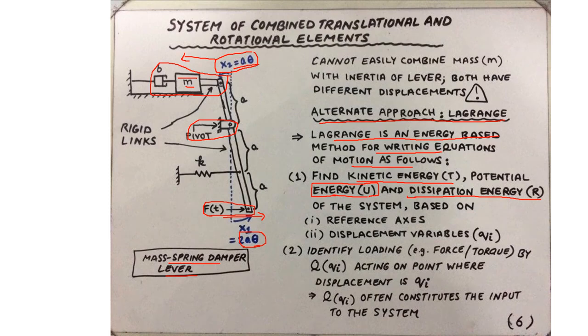Then we also have a dissipation energy, which is a bit of a new concept here. It is an energy dissipated by the system, such as we can model the energy dissipated in overcoming frictional forces, or if there is a damping effect in the system, then there is going to be a dissipation energy.